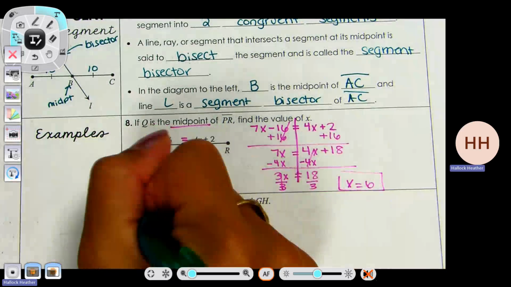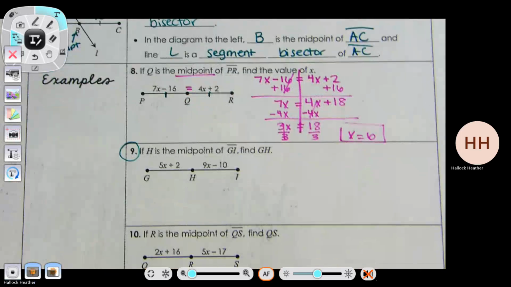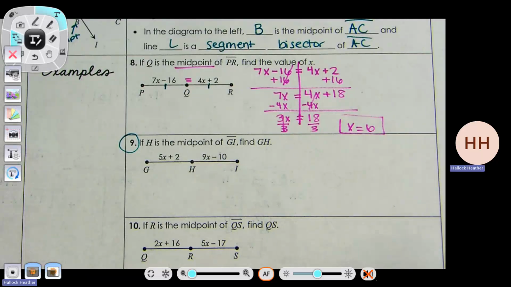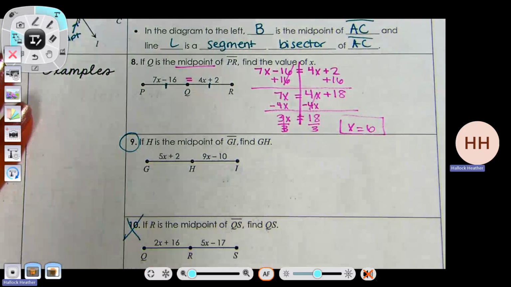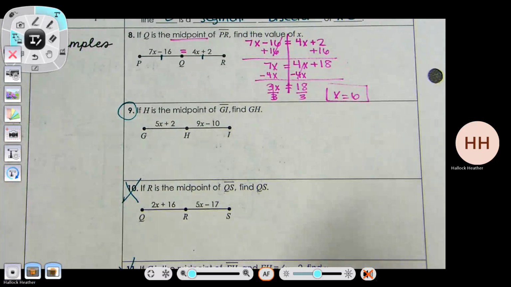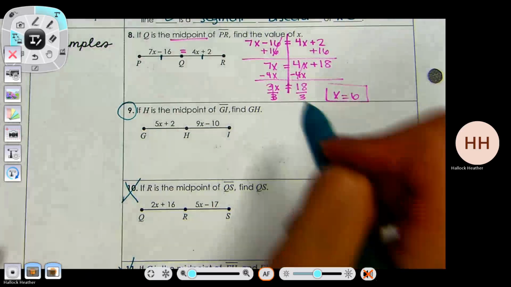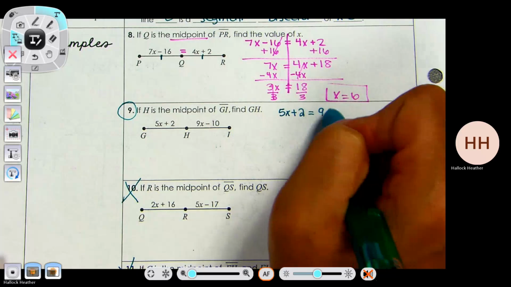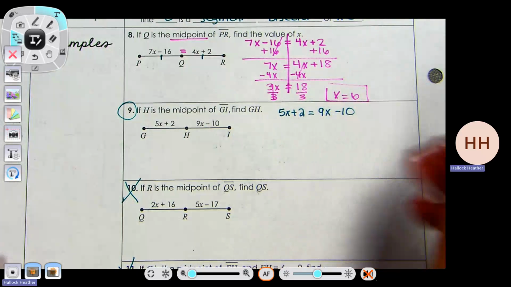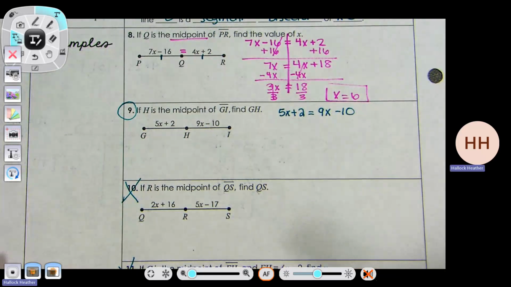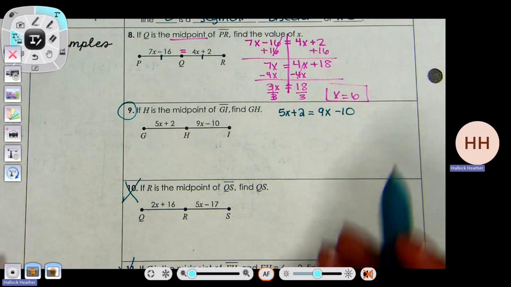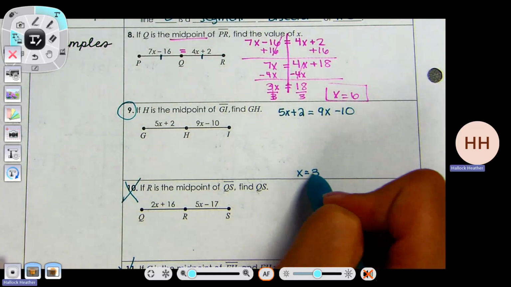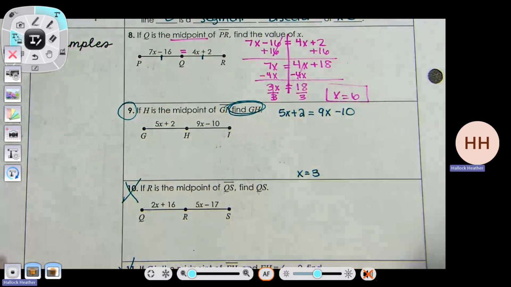So take a second, try number 9. We're going to skip 10 and 11. When you solve this one, you should get x equals 3. And then this one you have to plug back in.